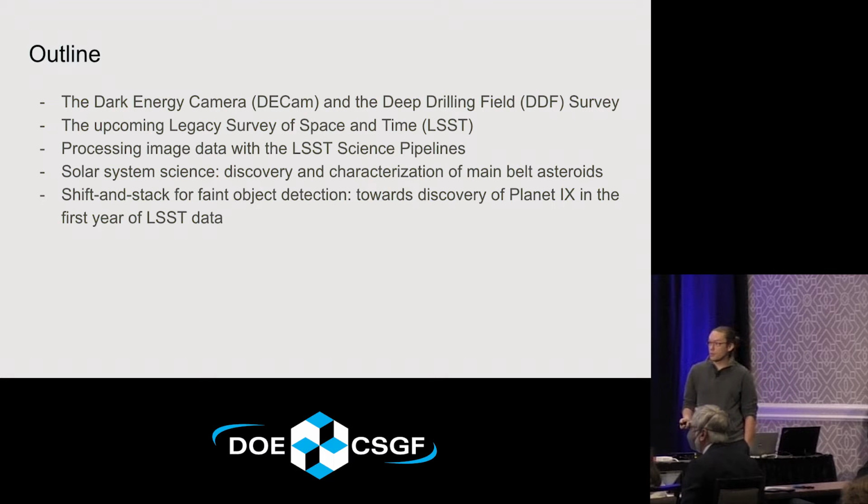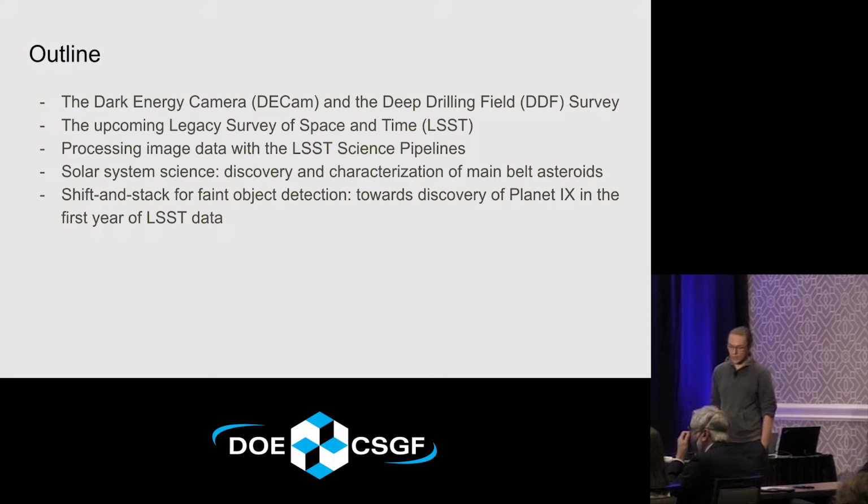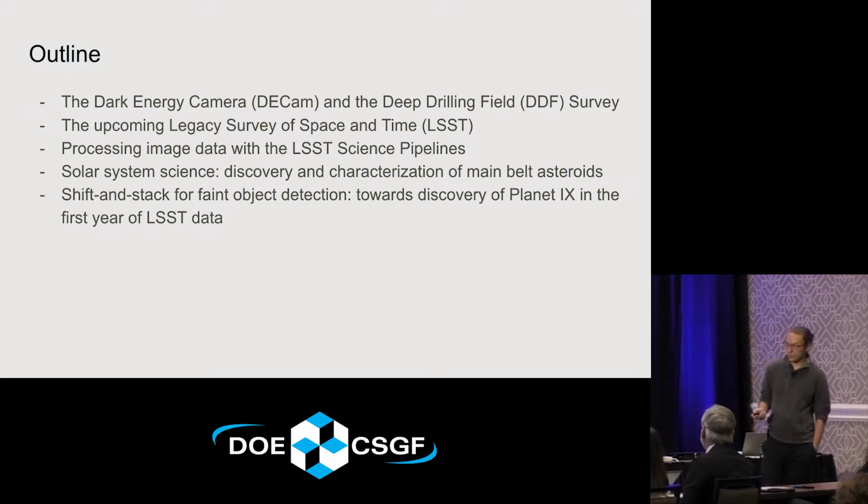Additionally, I'll be talking about processing the image data from the Dark Energy Camera using the LSST science pipelines, the solar system science we can extract from these images, discovering and characterizing what are called main belt asteroids, and then also a detection technique called shift and stack to detect very faint objects in these images. And also some plans we have for using shift and stack to discover faint objects and potentially a planet beyond the orbit of Neptune in the first year of LSST data.